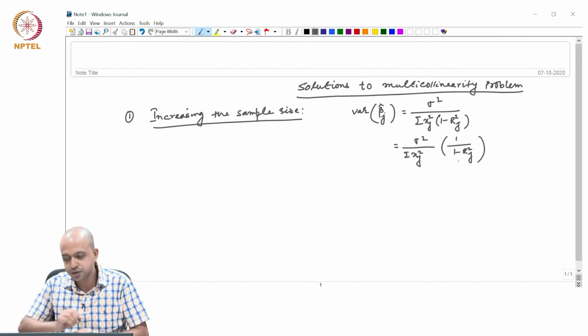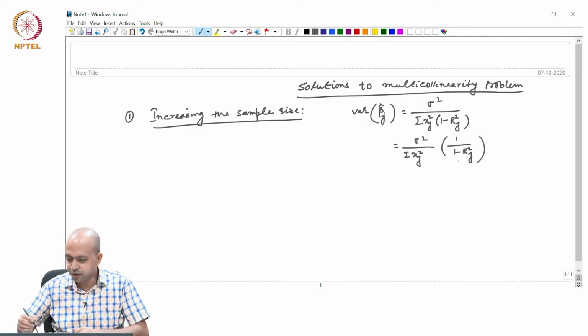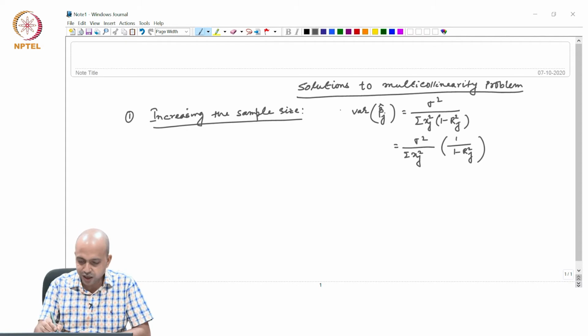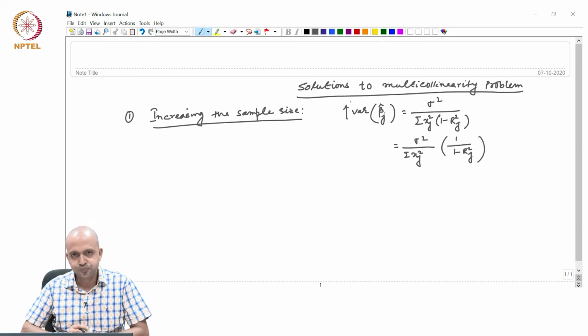There are two components, and in presence of multicollinearity, what happens? This is actually your variance inflating factor, if you recall, 1 by 1 minus r square j. So, this variance inflating factor in presence of multicollinearity will give you an upward shock in the variance, right?